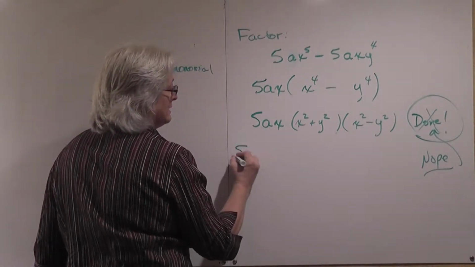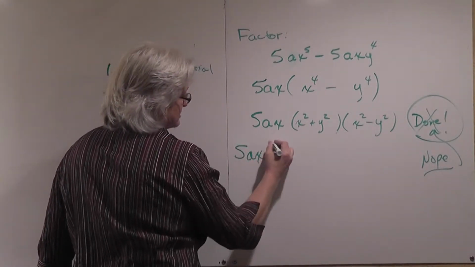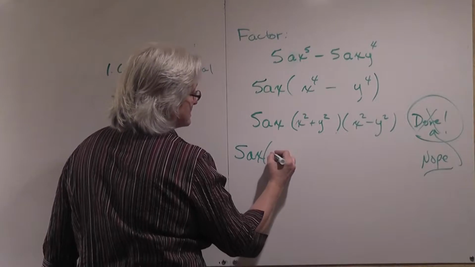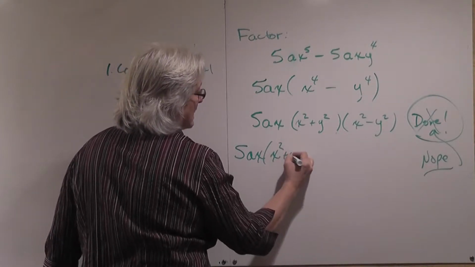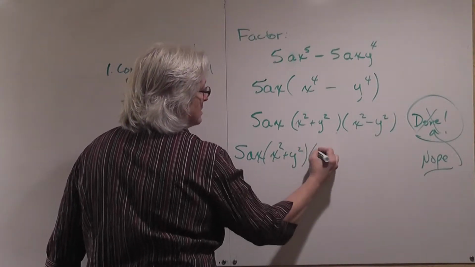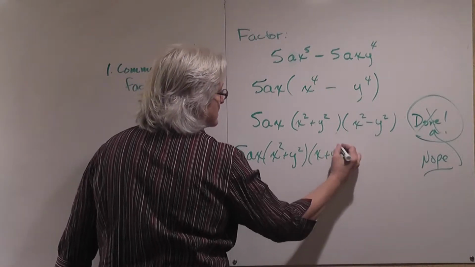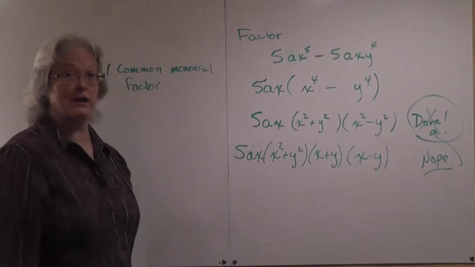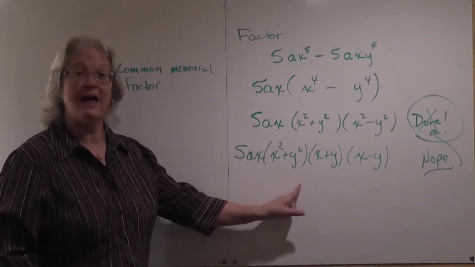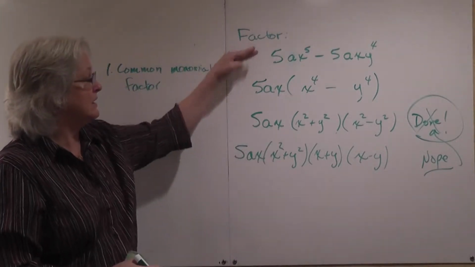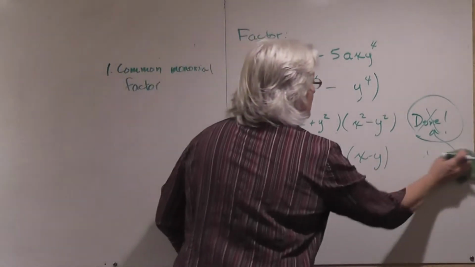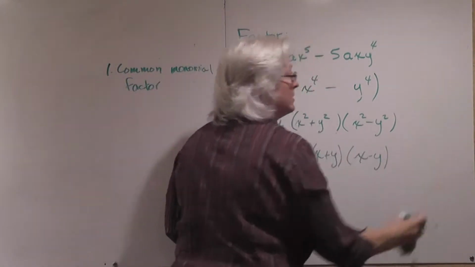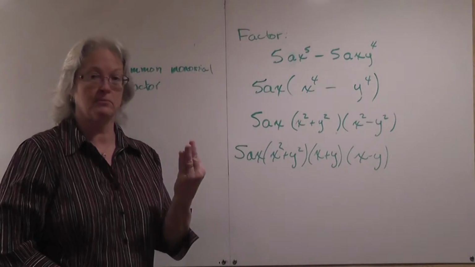So the completely factored form is going to be 5ax times the quantity x squared plus y squared times x plus y times x minus y. Now we are completed, and in this particular problem we had to factor 3 times.